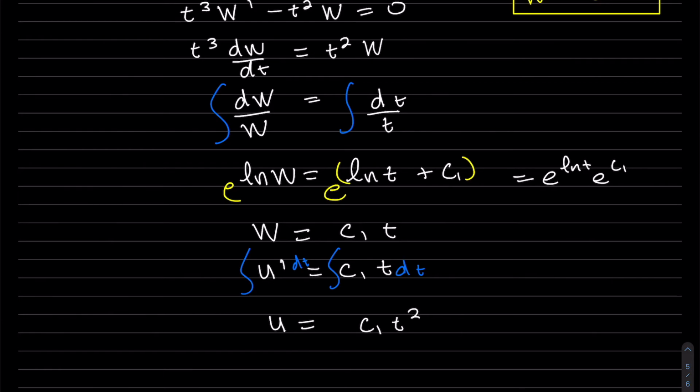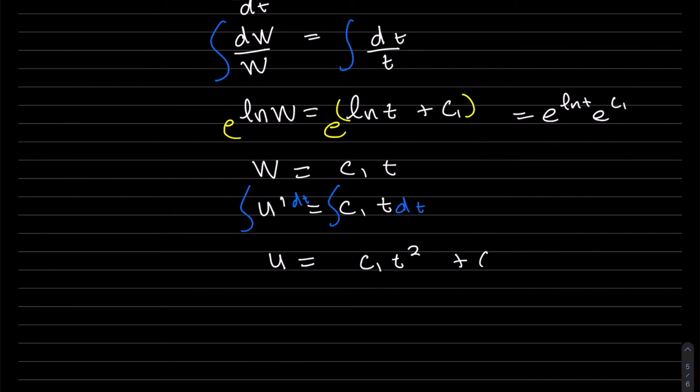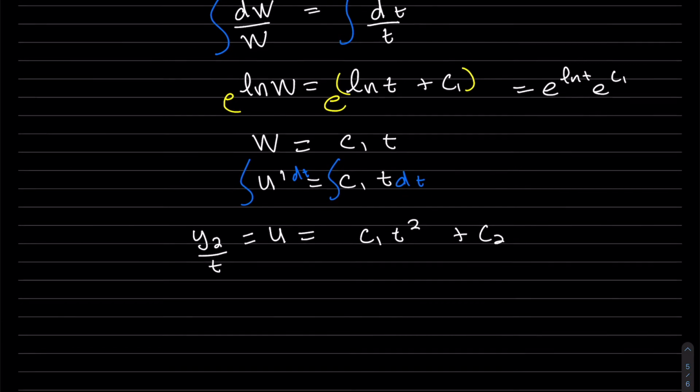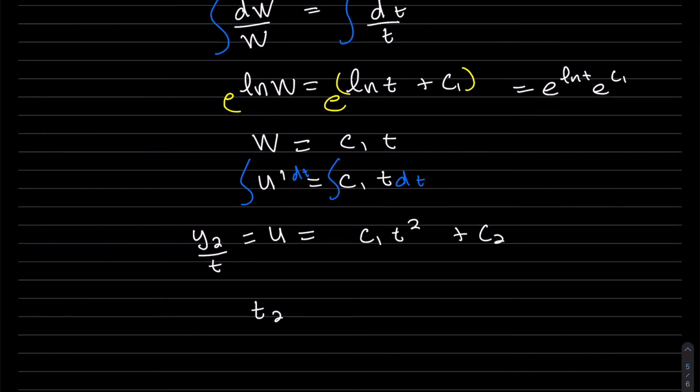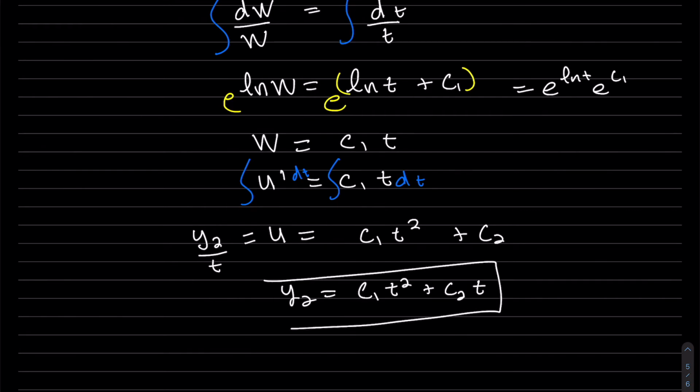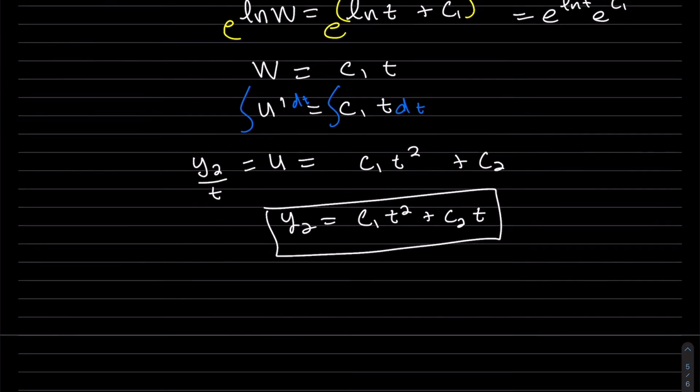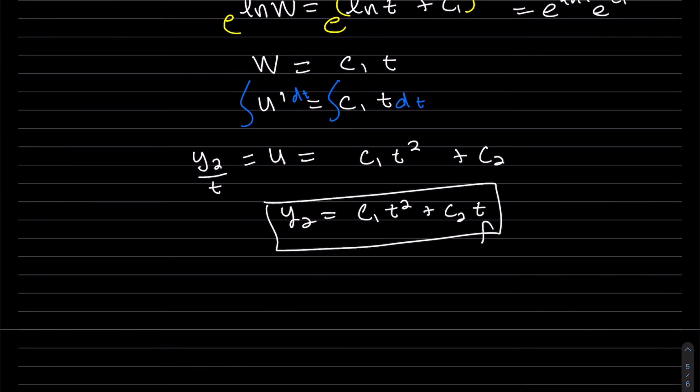And again, we don't need to divide by 2 plus c2. U is equal to y2 all over y1, which is t. So y2, which again, since we already got this to be our y1, it looks like our y2 is really t squared.